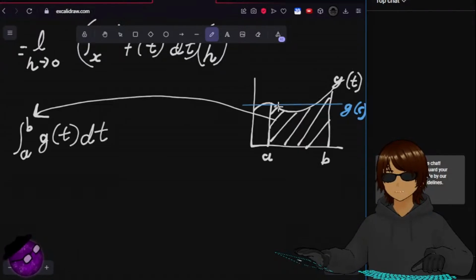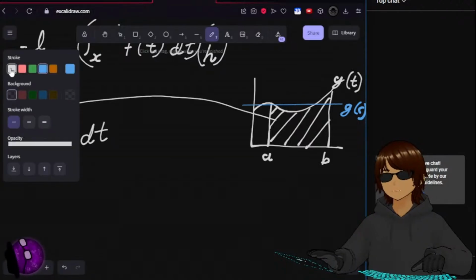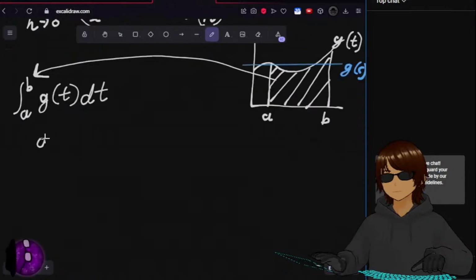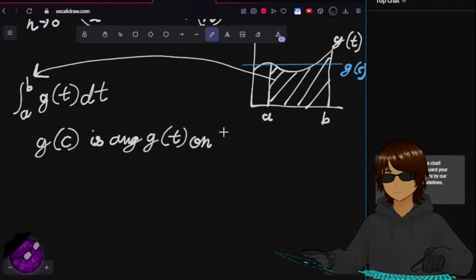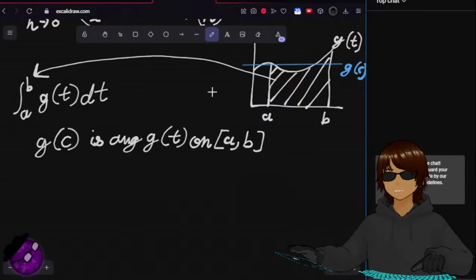So G of c is the average G of t on A to B. So this is the average.